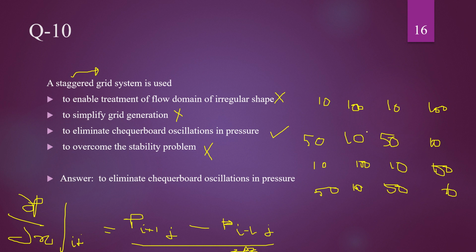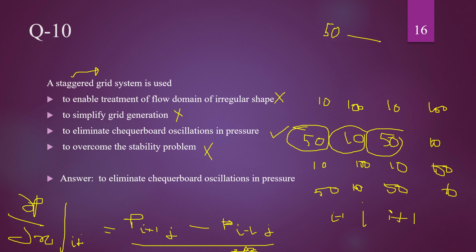For example, when we are discretizing at this point, consider this is i−1, this is i+1. So when we are dealing with P(i+1, j) minus P(i−1, j), what would we have? It is 50 minus 50, divided by 2 times Δx. So this would become 0. So this again becomes 0.